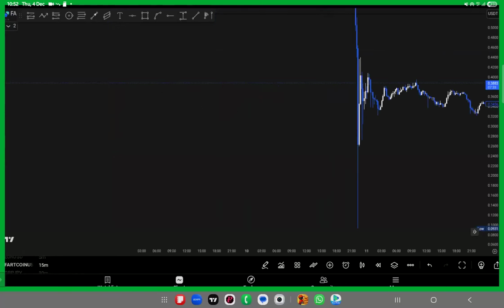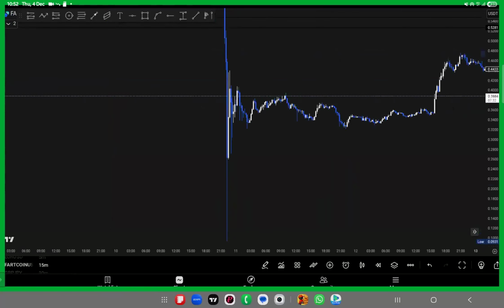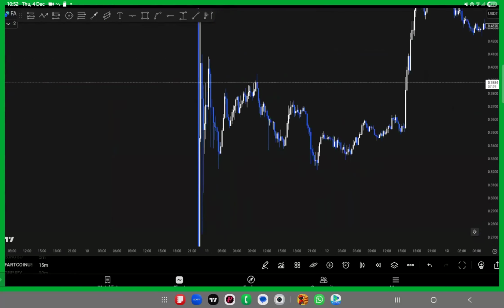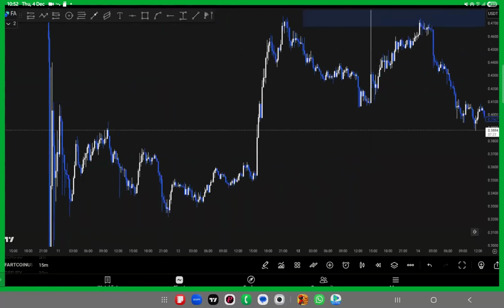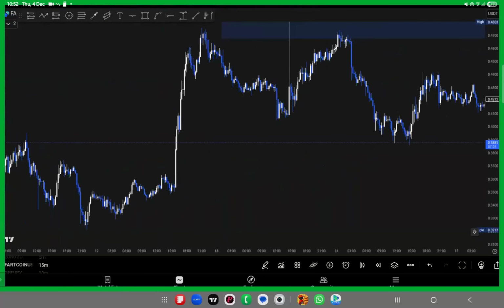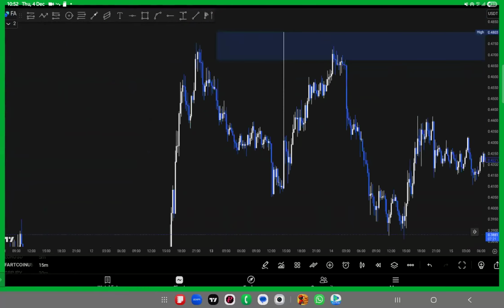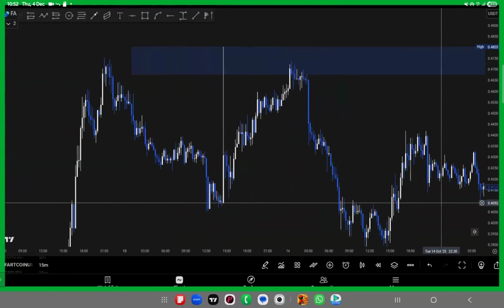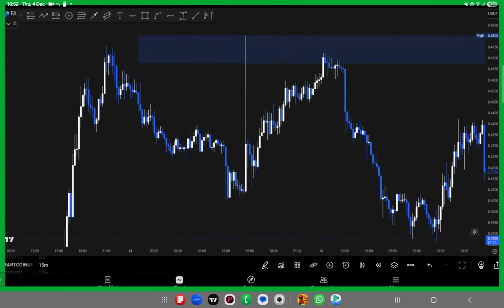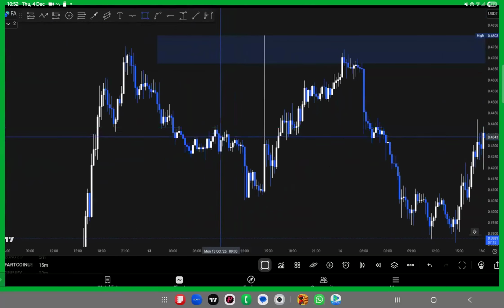Over here I can fully explain everything you need to know regarding the order block. Over here is an order block, and that was why price reacted from here and pushed upward.